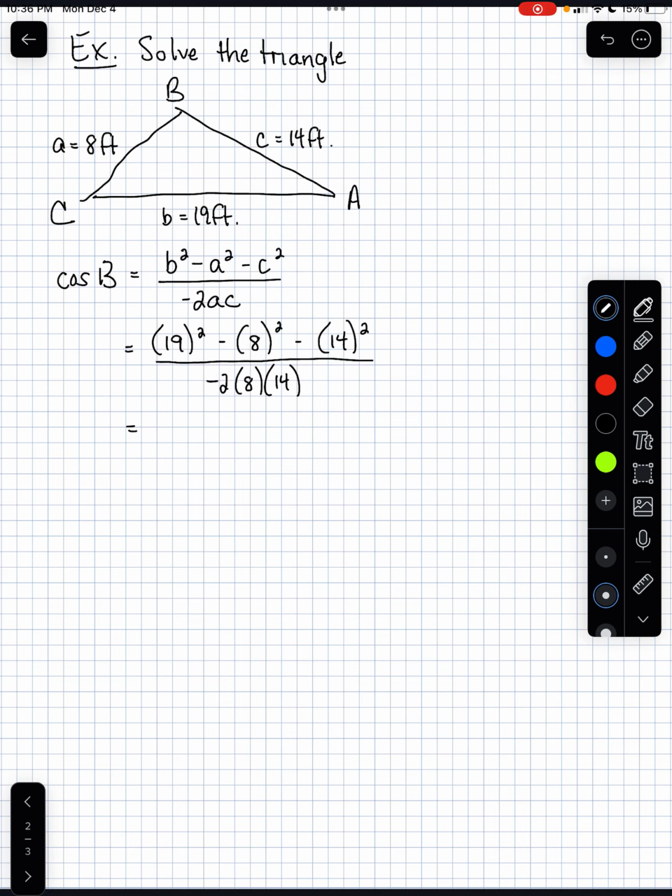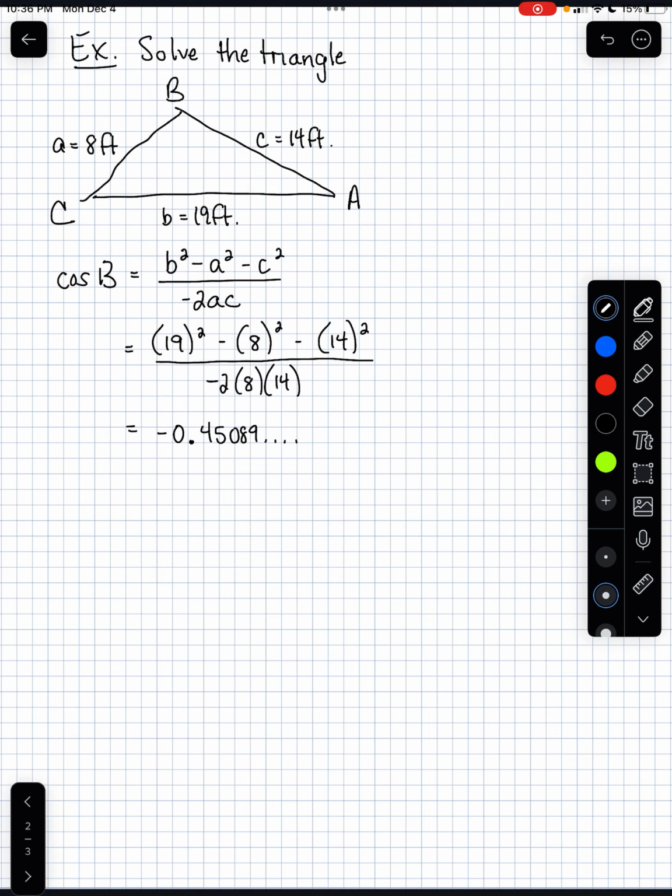So we're going to go to that and just plug the whole thing in at once. And that whole thing comes out to be negative 0.45089, etc.